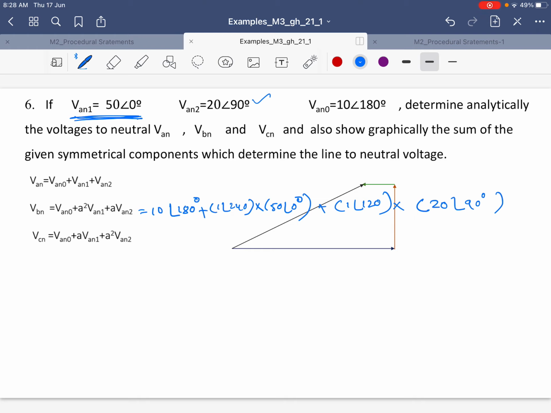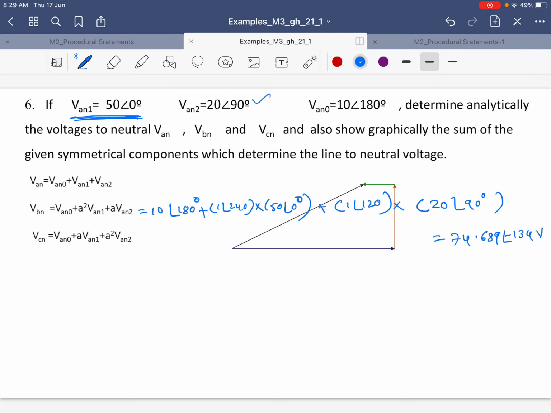Just use your calculator to find the value of VB. The value we get is 74.689 at an angle of minus 134 degrees volts. This is the value of VB.